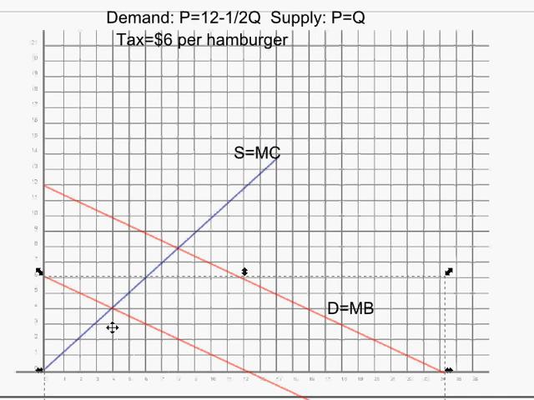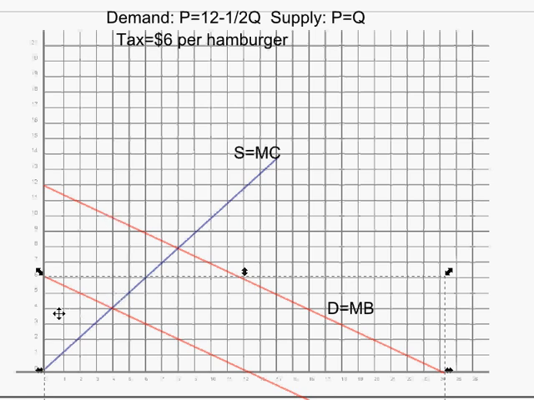And when you do that, you're going to see that the new quote-unquote equilibrium, we don't really call it an equilibrium, I guess, but the new price paid by consumers will be $4, but then they're going to pay another $6 on top of that to the government.